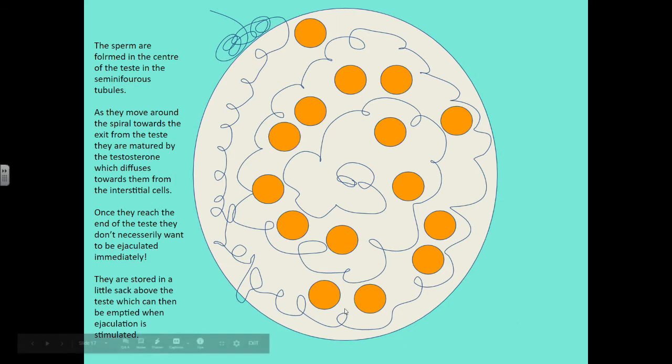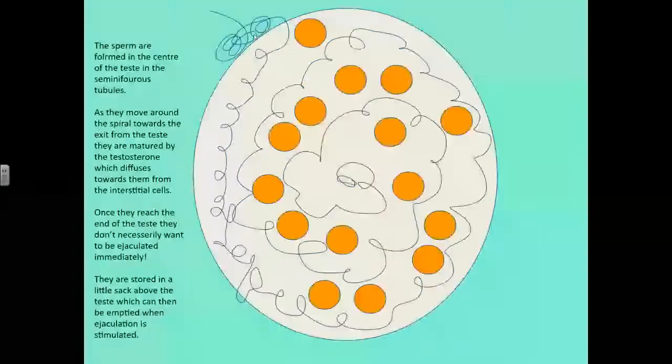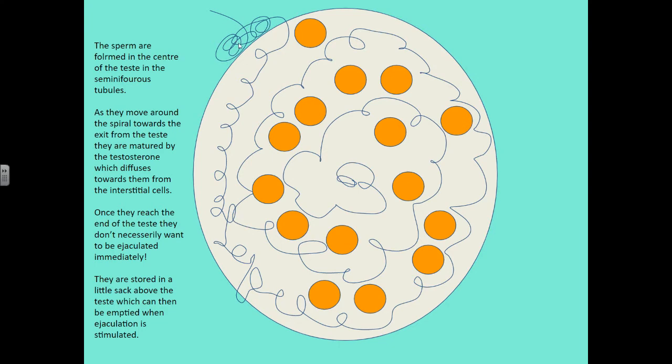You don't want every time a sperm works its way to maturity, it to immediately be ejaculated. That'd be very inconvenient. So we have this little storage sac that upon stimulation can be emptied through ejaculation. At this point, the sperm are not in any fluid of any great note. So this is kind of a dry sac of just sperm. So they work their way around and they were matured.